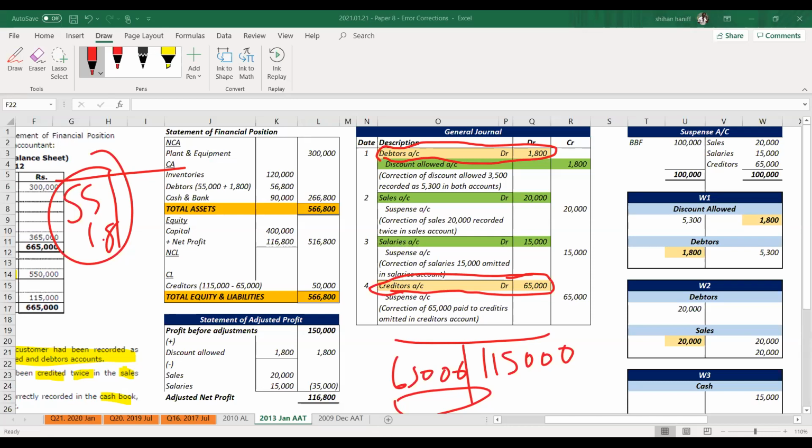Right. Now let's move to another. Now we'll move on to an MCQ session.